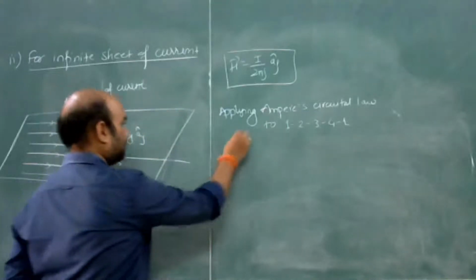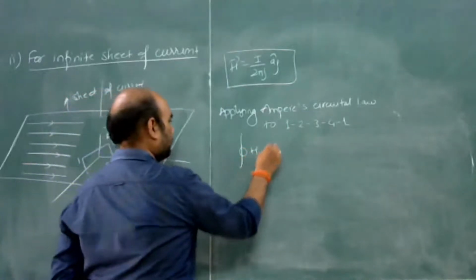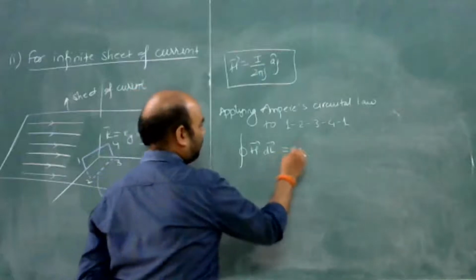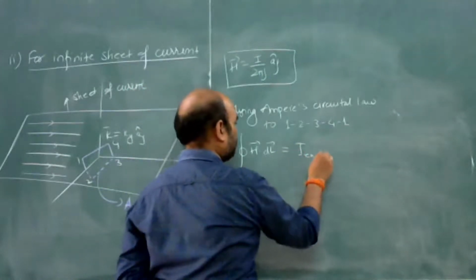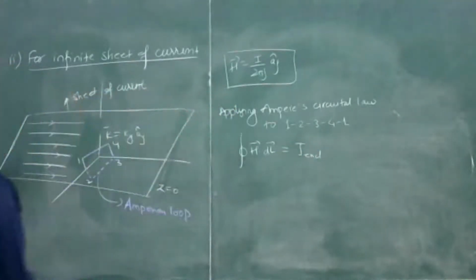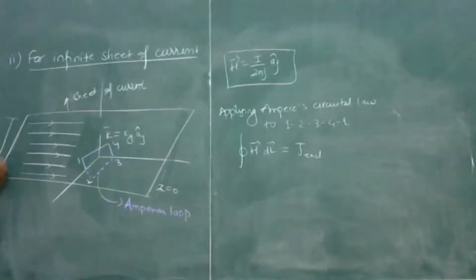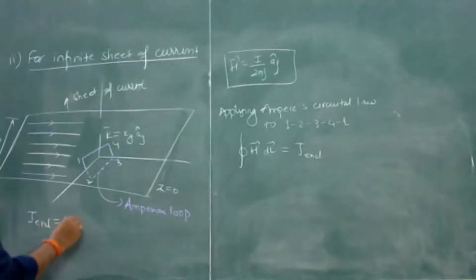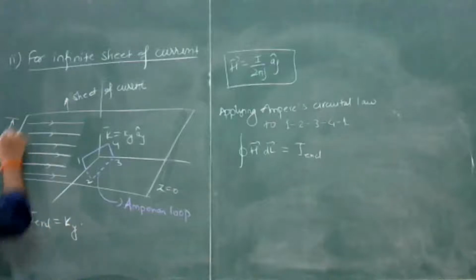So that is the closed line integral of H dot dl, which is equal to I enclosed. Now what will be the I enclosed? Let this length be b. So I enclosed will be equal to K times length, which is K y into the length b.